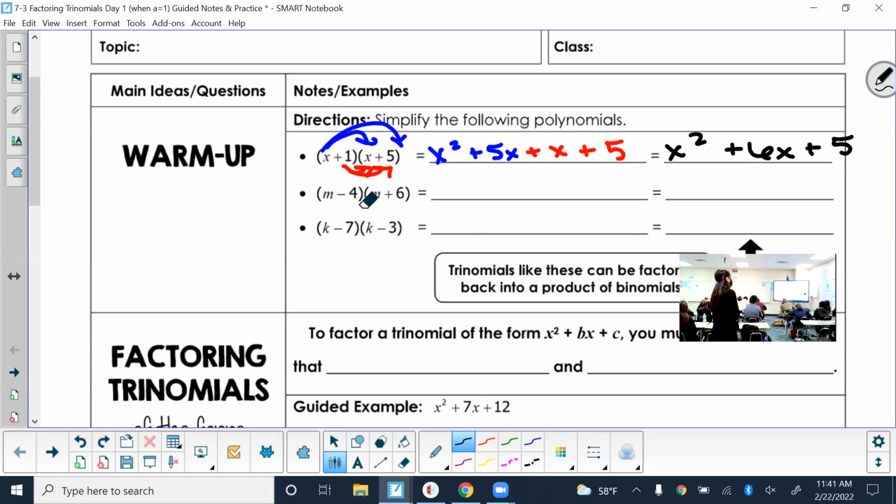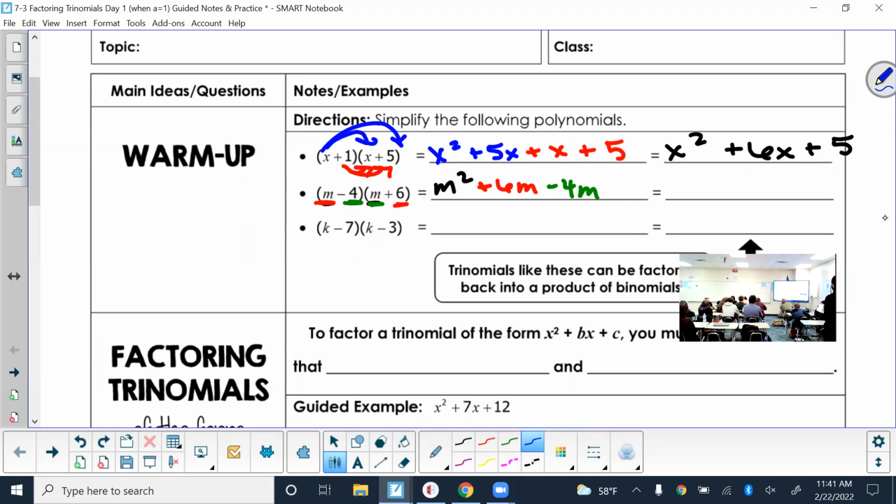The only difference as we do these other examples is the signs. So we're just checking to make sure we know our integer rules. On this one, we'll FOIL. What's m times m? m squared. What is m times 6? 6m. Good. Inner terms, what's -4 times m? -4m.